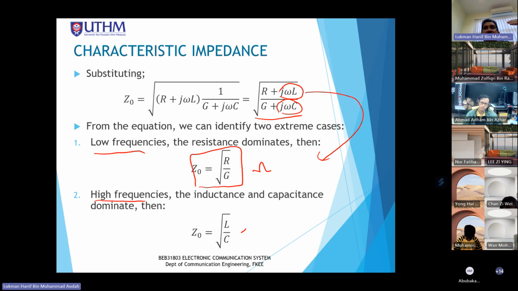High frequency here is normally within the range of megahertz towards gigahertz and so on. So normally in radio frequency transmission, we can simplify the equation to be like this, the square root of L over C.